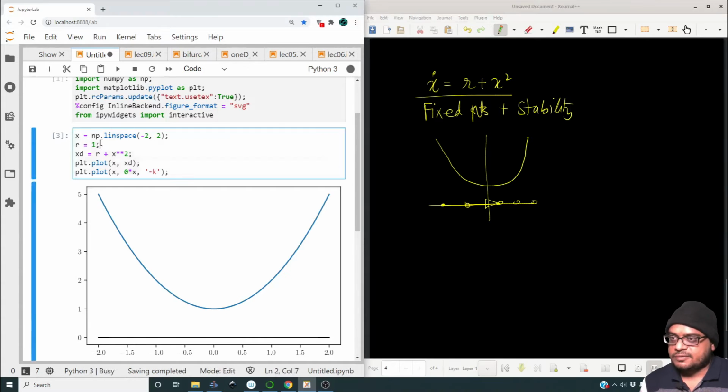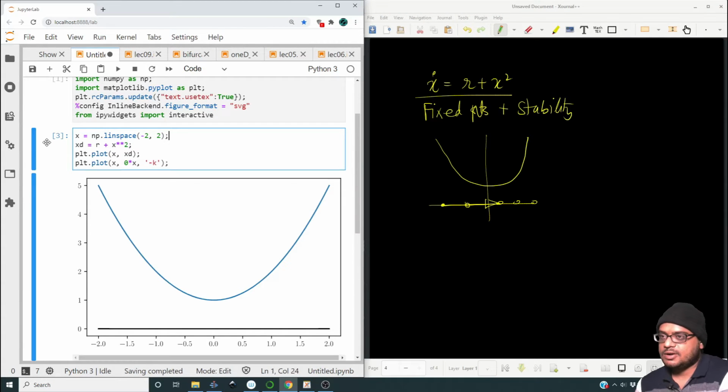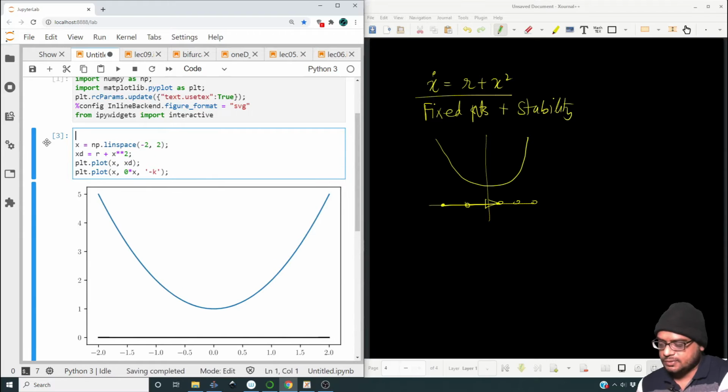Let us make this interactive. Let me remove r. Let me pass r as an input to the function. So def fixed points, and the input will be r.